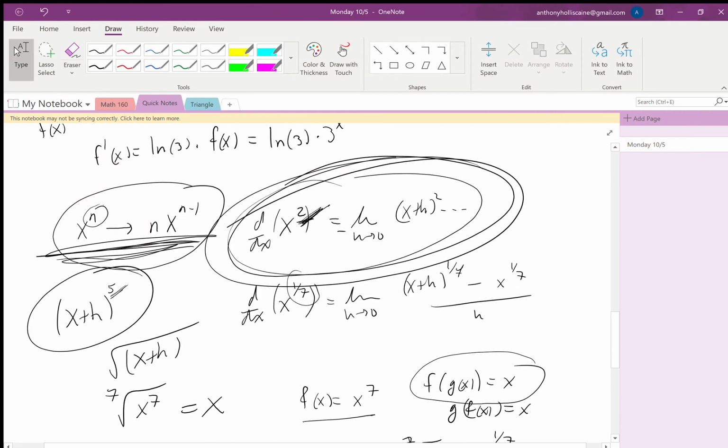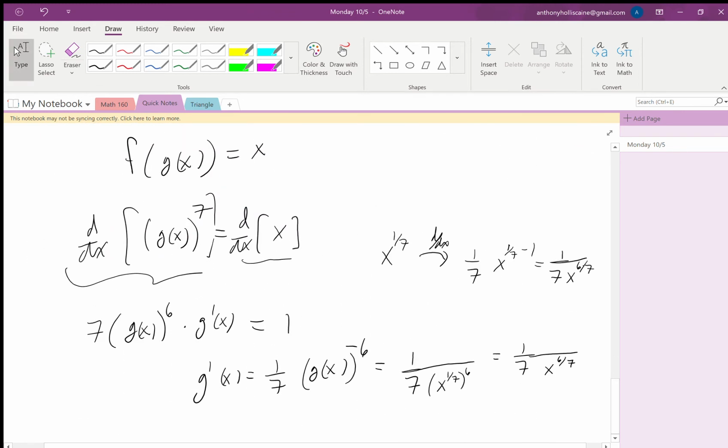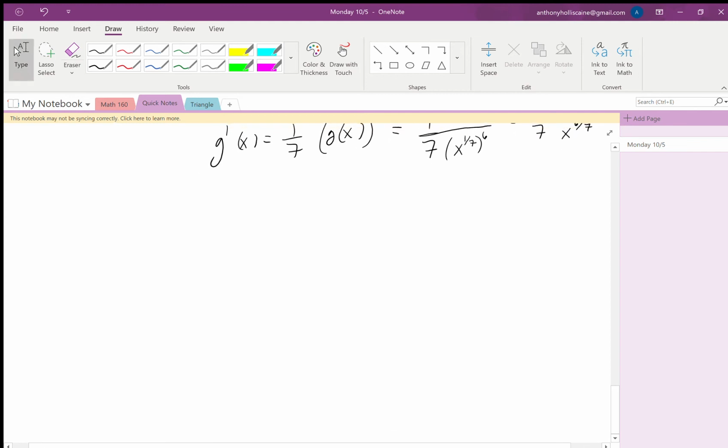But the point is, if you know the derivative of some things, like we know the derivative of x squared is 2x, then suddenly derivatives of things that were more complicated, such as square root x, we can figure out because these are inverse functions. So I'll give this a costume and I'll call it g of x. If I have g of x and I square it, I get x.